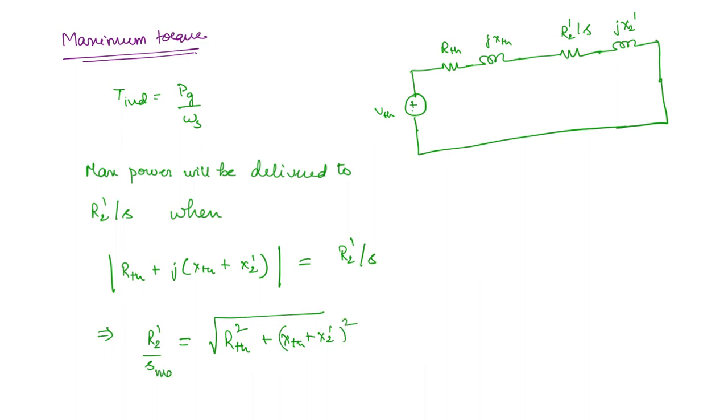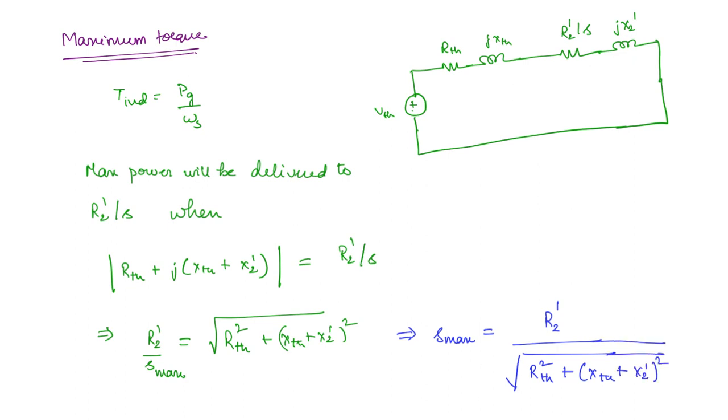This is where the maximum torque will occur, okay? So you can write the expression for slip at maximum torque. This is equal to R2 dash divided by root over RTH square plus XTH plus X2 dash whole square. So this is the value of slip at which maximum torque occurs.